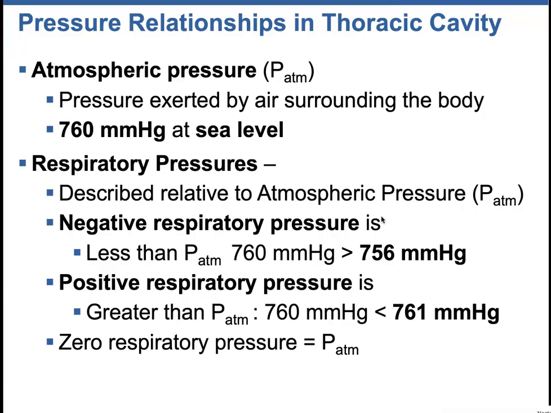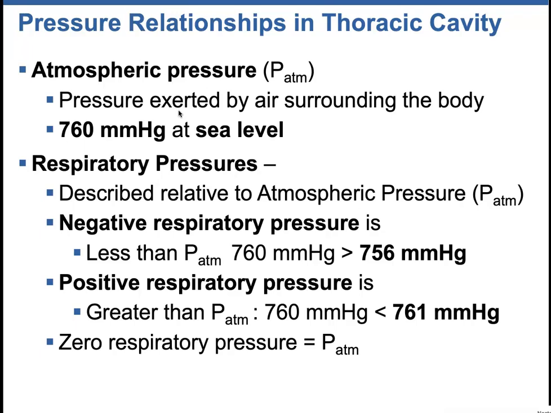That means now you have more volume, which means you have less pressure. So what you're doing with your diaphragm is creating negative pressure inside that thoracic cavity. So air is going to flow from the outside, from the atmosphere, in to where it's lower in the lung, and then air flows in.